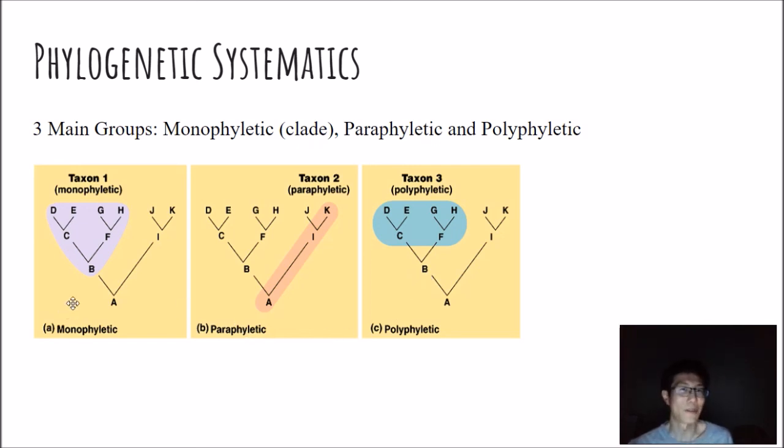If there's a common ancestor being chosen as well and included, it might be monophyletic or paraphyletic, and then you have to see whether the descendants are chosen. And if all the descendants are chosen, it's a monophyletic, aka a clade, and if only some of them are chosen and others are excluded, you're probably looking at a paraphyletic group. So this is probably one of the most key concepts.